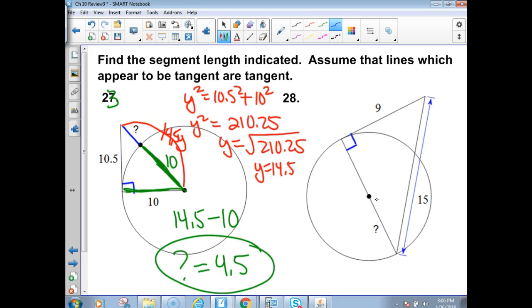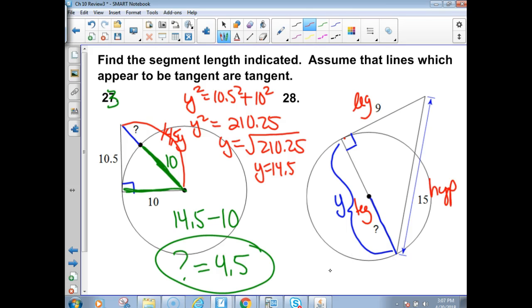So something similar for this one. All you want is the radius, but you're going to be able to find the diameter. So if I call that y and this x, I don't really care what you name them. We got to do Pythagorean theorem. This would be a leg, this would be a leg, this would be the hypotenuse where the 15 is.